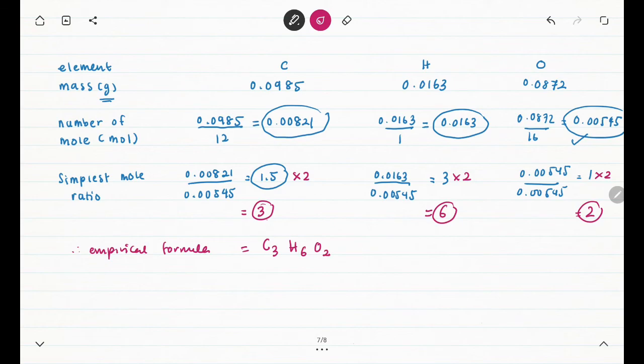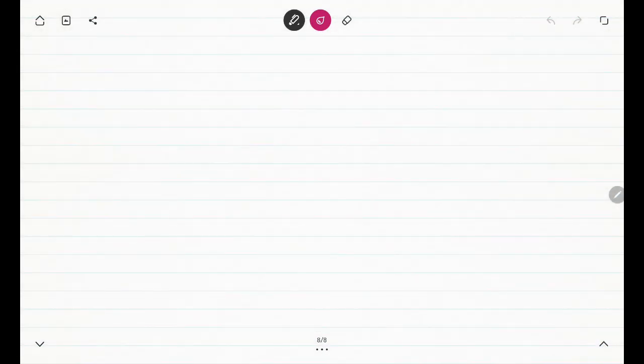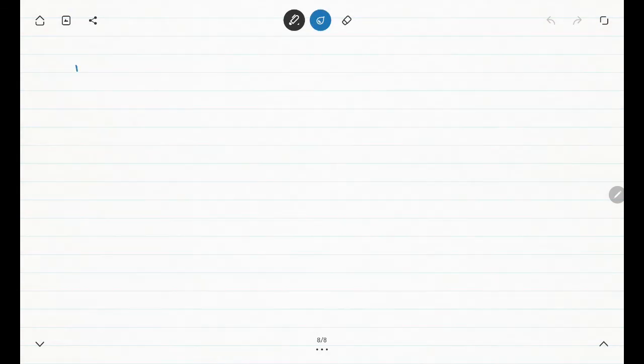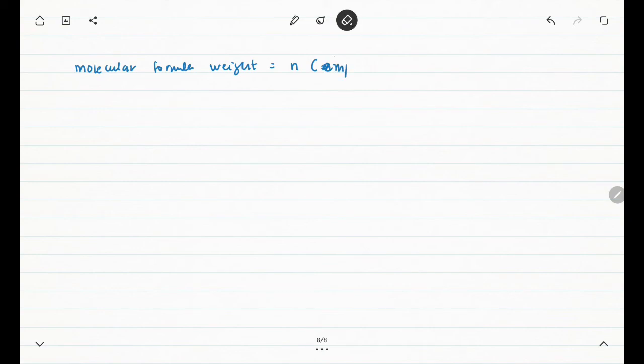So how do we determine the molecular formula? We need to use the molecular formula weight. We know that the molecular formula weight is equal to n times the empirical formula weight.